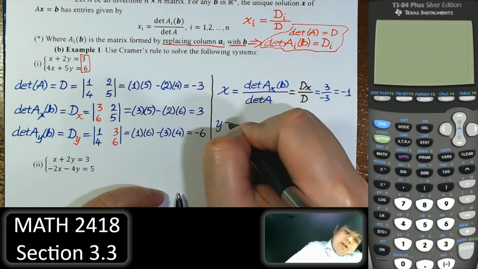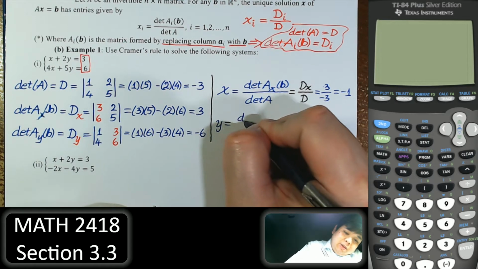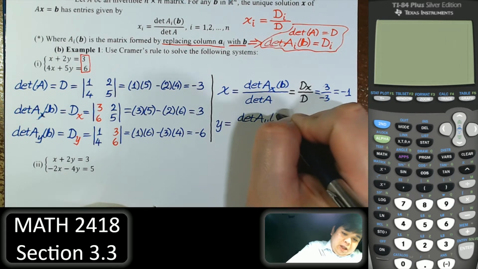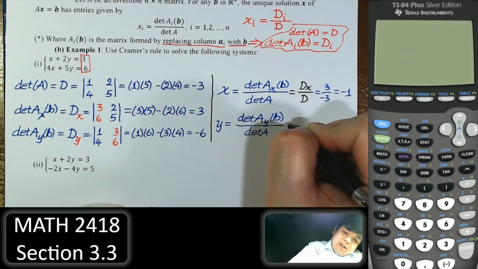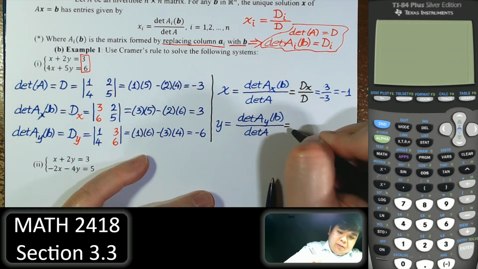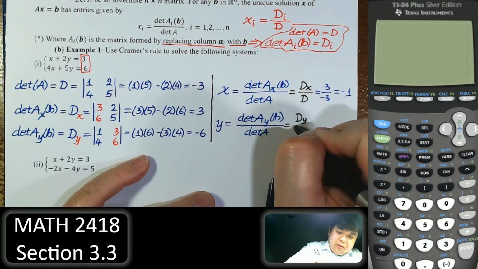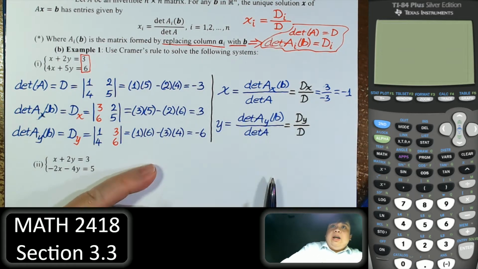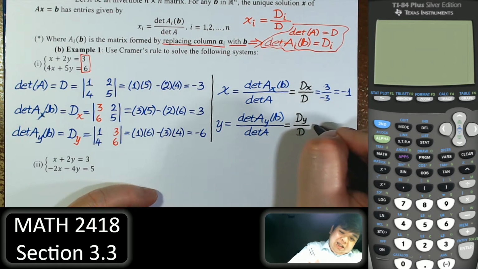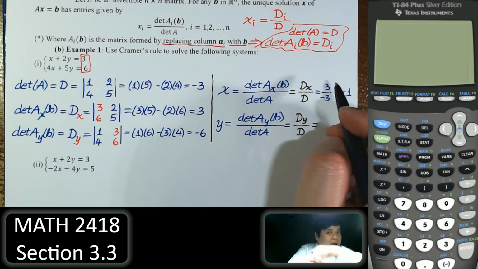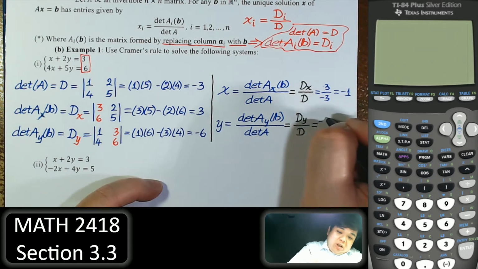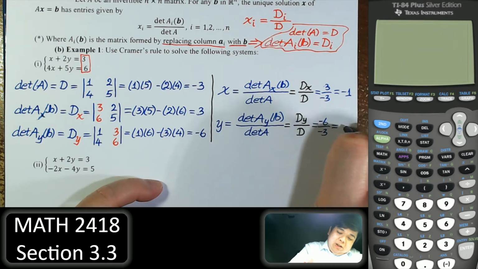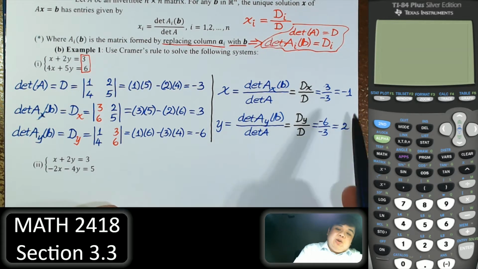And then y is equal to the determinant of A_y(b) divided by the determinant of A. Then we have D_y over D. In a lower-level course they just use D_x and D. They don't write it that complicated. If it works, then why not just use that. Right, so we have x equal to -1, y equal to 2.